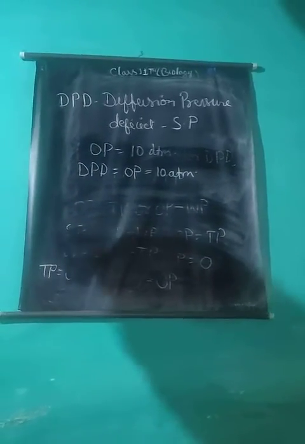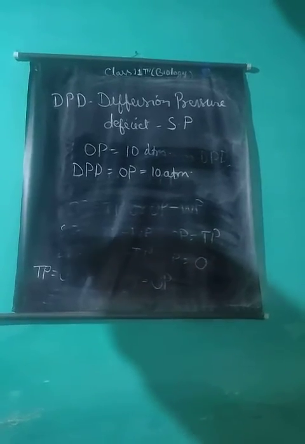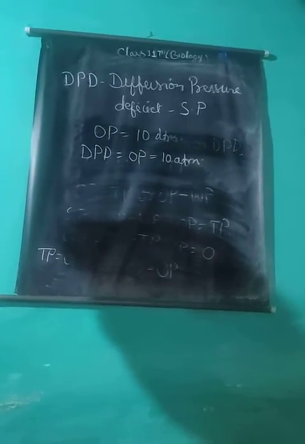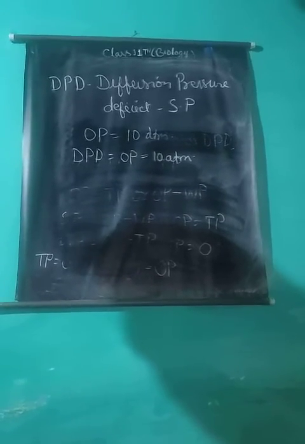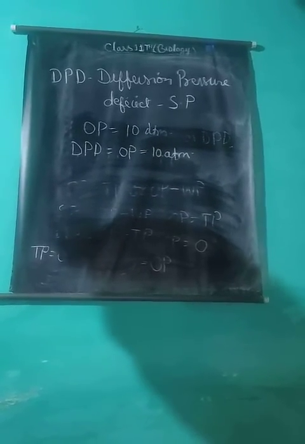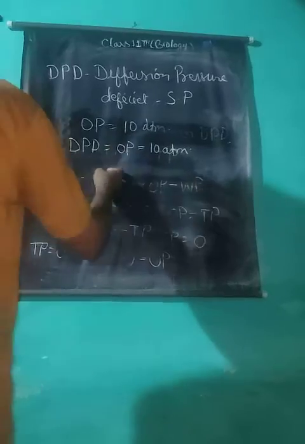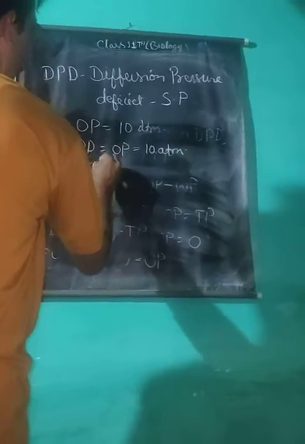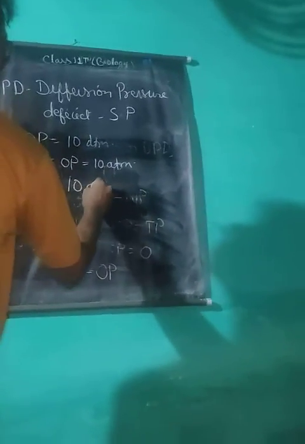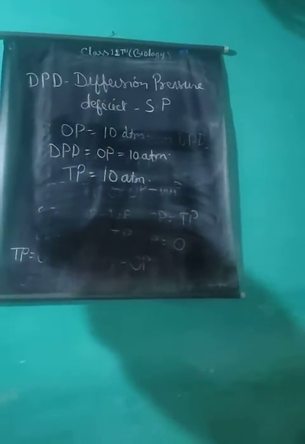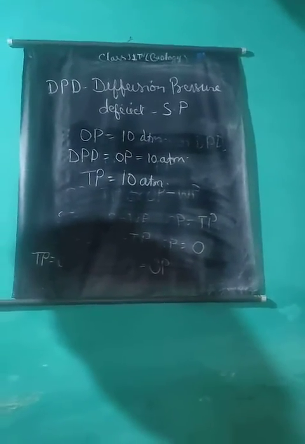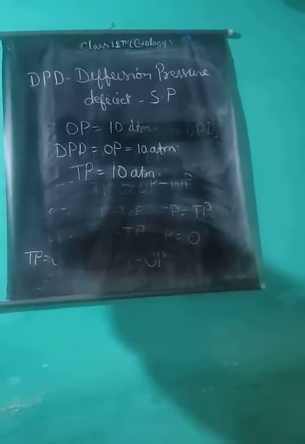When water enters into the cell, TP increases, turgidity increases, and the cell wall develops equal but opposite wall pressure, WP. At the stage of equilibrium, TP becomes 10 atmospheres because OP is equal to TP, and DPD will become 0.